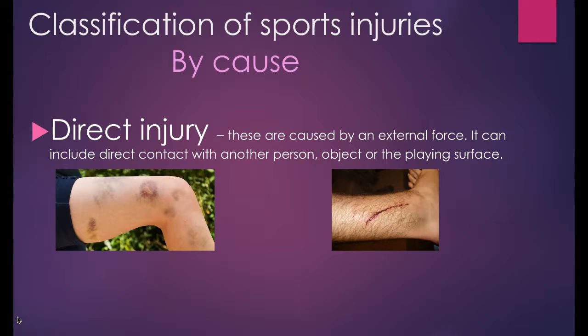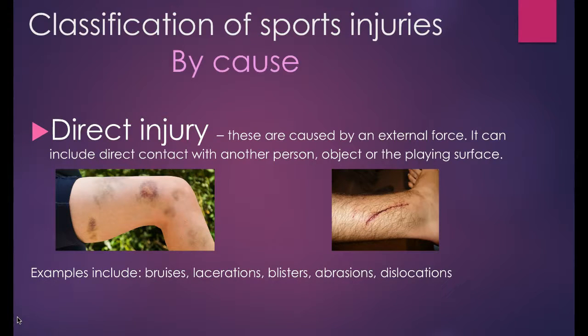They could have contact with an object such as a ball or a bat, which could leave a contusion or even a laceration, or the playing surface may cause an abrasion to the athlete's skin. Other examples could be blisters, and even a dislocation could be included in this.